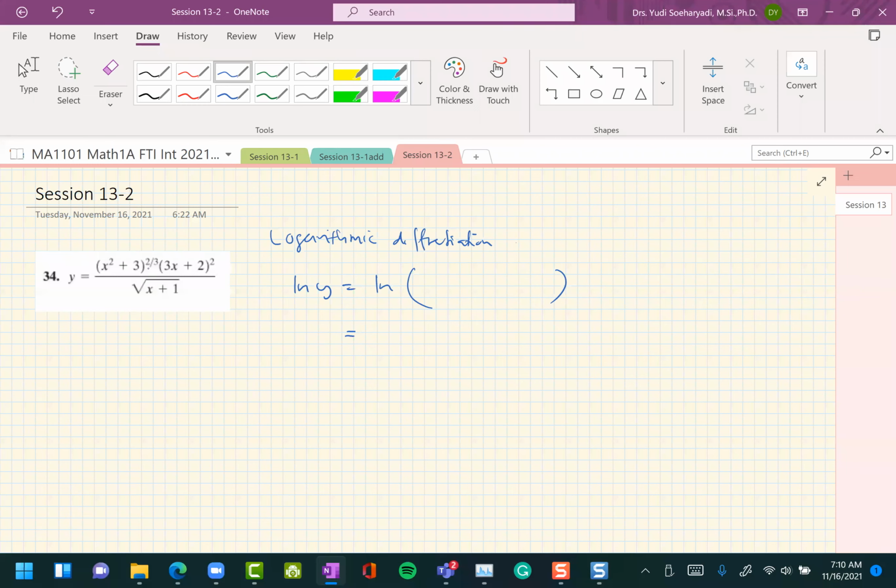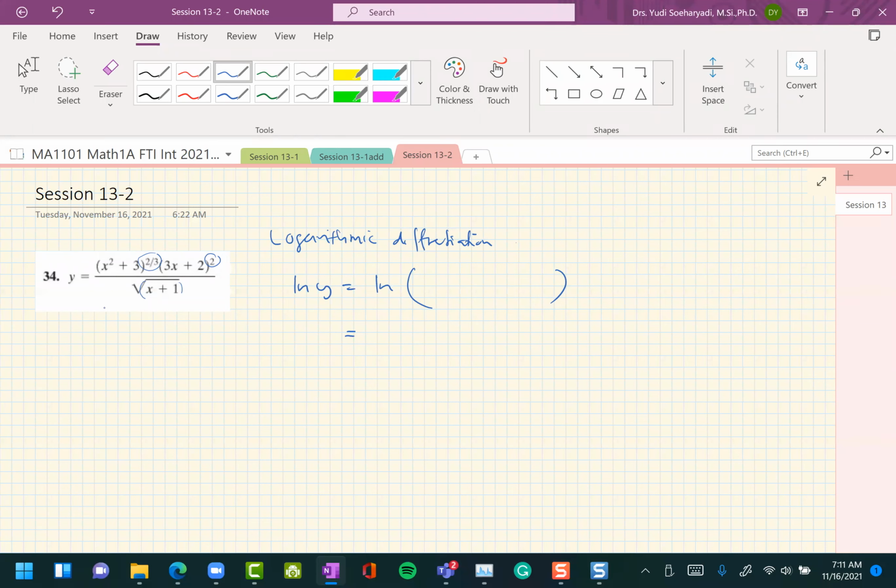First, if you have an exponent, such as this, and this is also an exponent because a square root is exponent 1/2, you can factor those exponents out. Then a product becomes an addition of ln, and a quotient becomes a difference in ln.